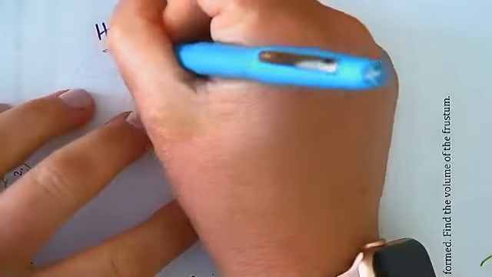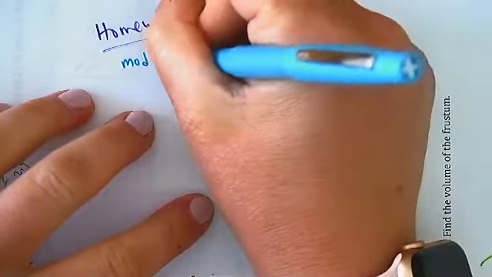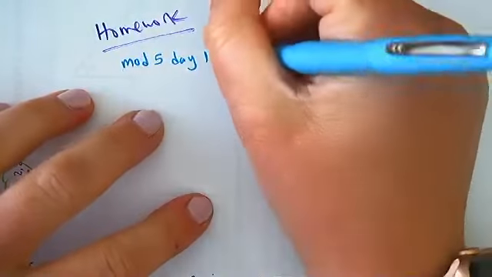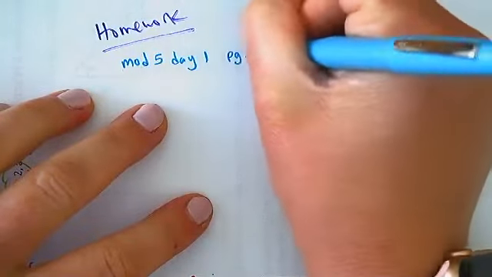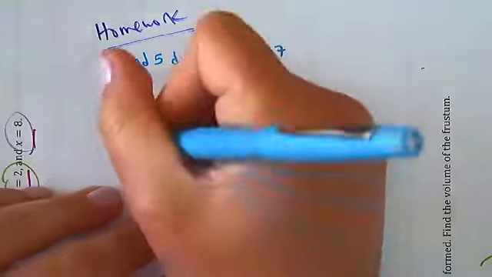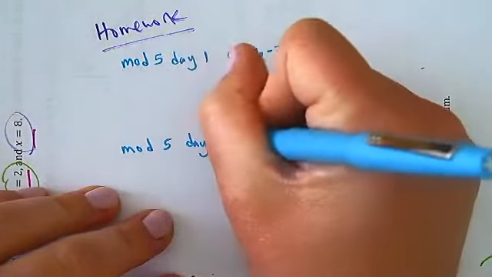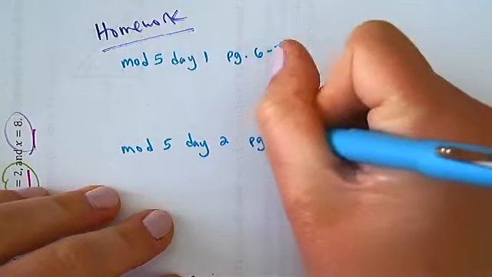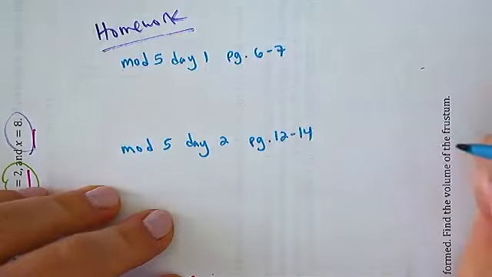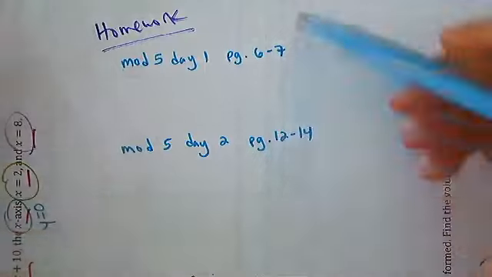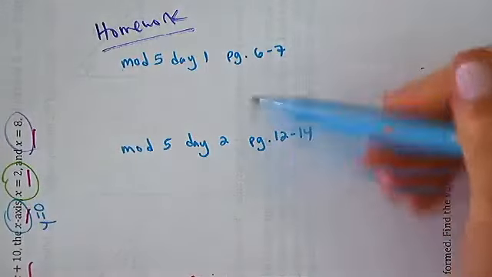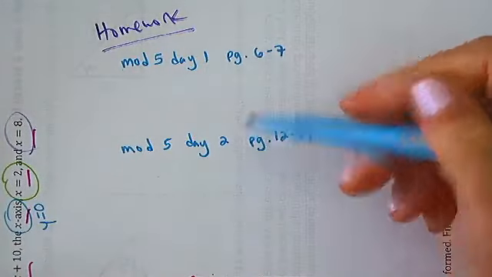So there's Mod 5 Day 1 homework, which is on pages 6 and 7. And then there's also Mod 5 Day 2 homework, which is on pages 12 through 14. So we are going to do both, but I'm just going to pick and choose a few that will equate to one homework, so don't worry.